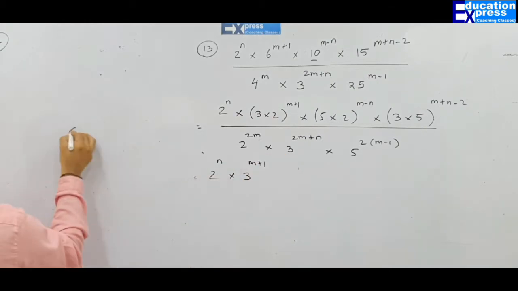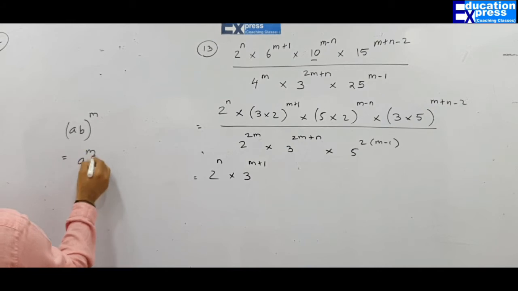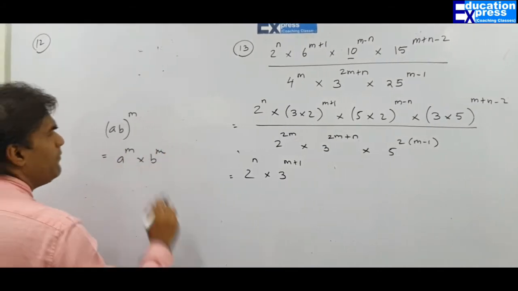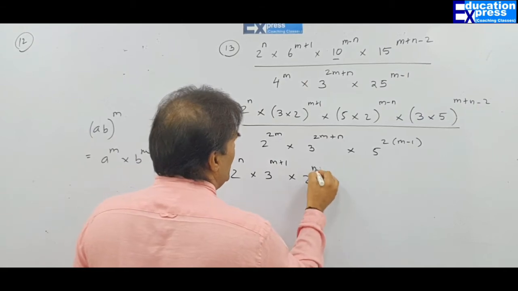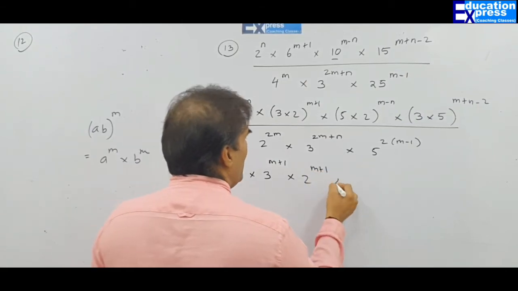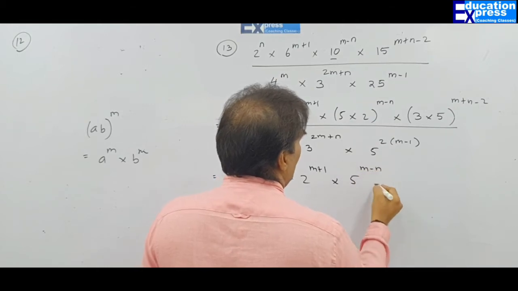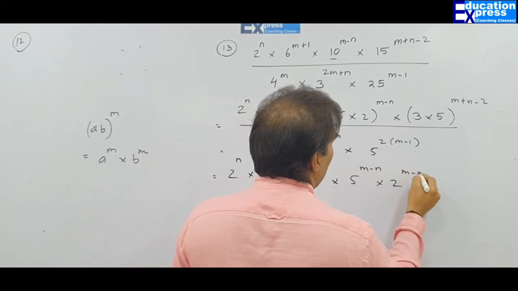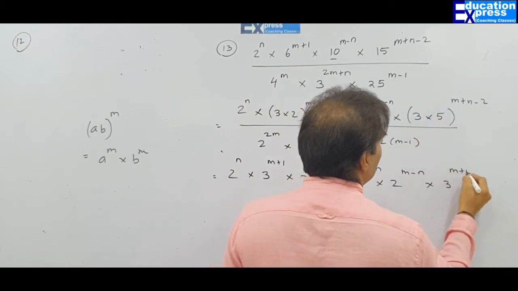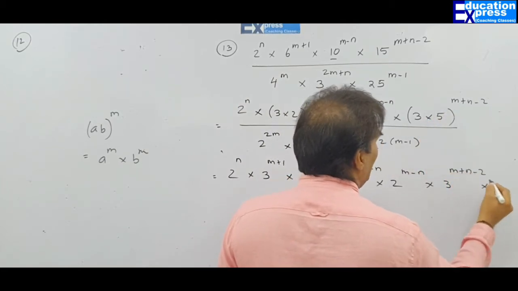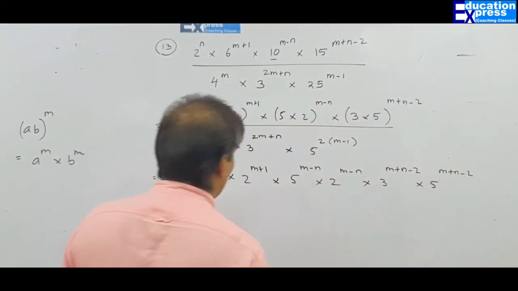Why, sir? ab raised to m can be written as a raised to m into b raised to m. So that matter, this is going to be 2 raised to m plus 1. What about this? So 5 raised to m minus n multiply by 2 raised to m minus n multiply by 3 raised to m plus n minus 2 multiply by 5 raised to m plus n minus 2.